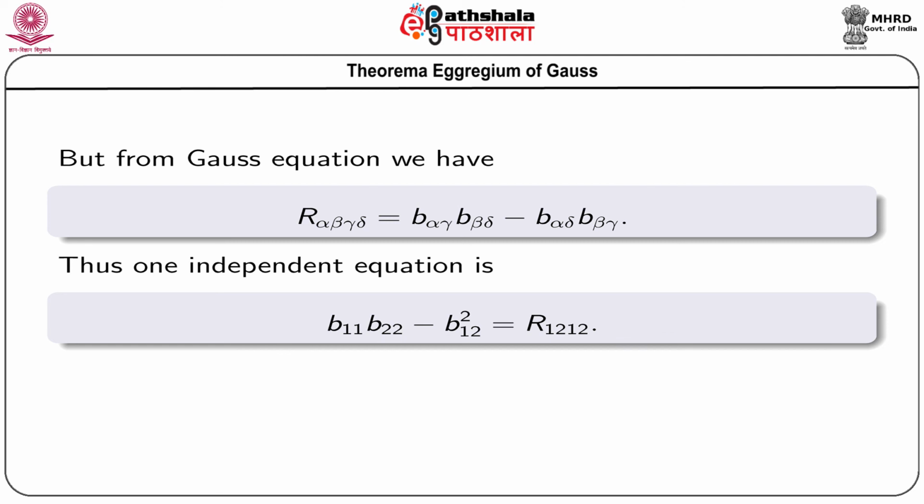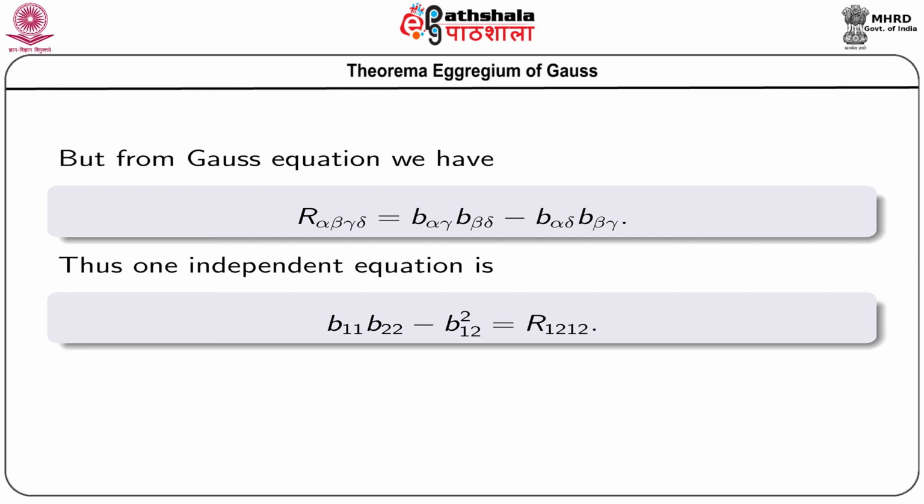That means this R1212 can be obtained only from the first fundamental form of the surface with the first order and second order derivatives from the Christoffel symbols. So, B11 B22 minus B12 square can be replaced by this R1212.